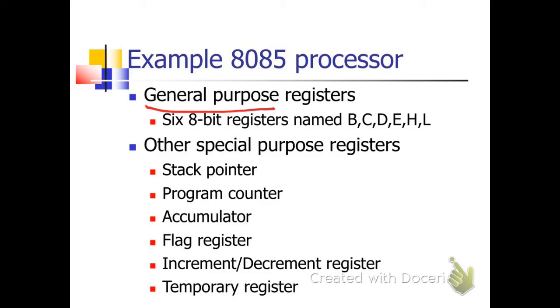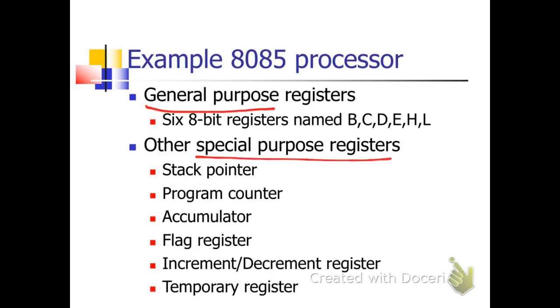So if you are performing an instruction, say add A plus B, the value of A will be stored in one of the registers and B, the other operand, is stored in another register. And then the result, that is A plus B, is stored in some other register. The registers used for these types of purposes are known as general purpose registers. So they are basically used for the purpose for which they are built, that is, temporary storage.